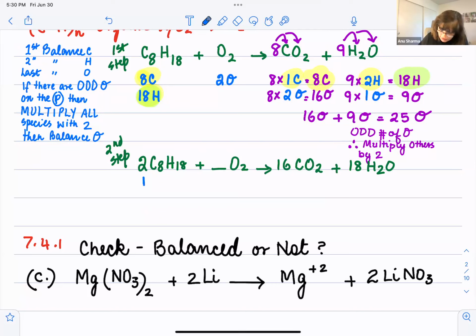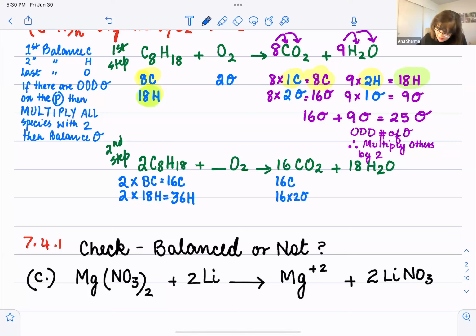Let me write this here. 2 times 8 carbons is equal to 16 carbons. 2 times 18 hydrogens is 36 hydrogens. And then on the other side you have 16 carbons, and 16 times 2 oxygens gives you 32 oxygens.